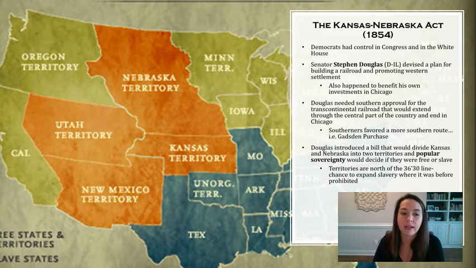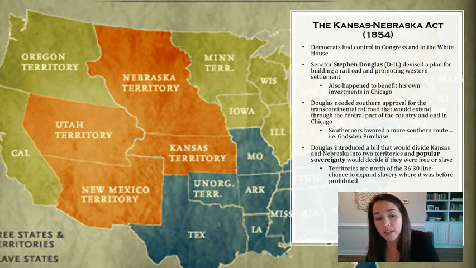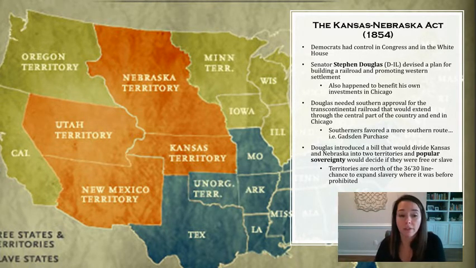Okay. So he's like, I need to get Southerners on board. So he introduced a bill that would, basically repealing the Missouri Compromise, allow popular sovereignty to decide whether the territories in Kansas and Nebraska would be free or slave.